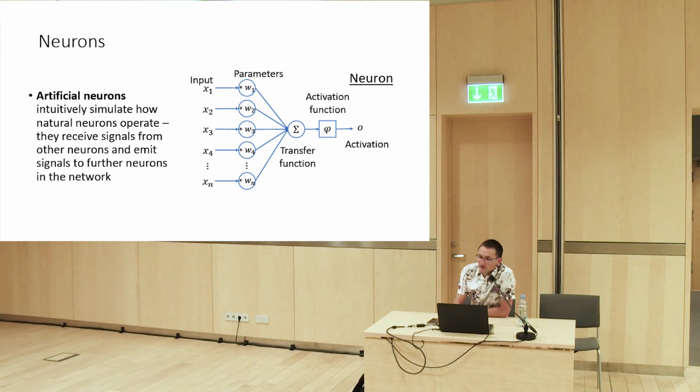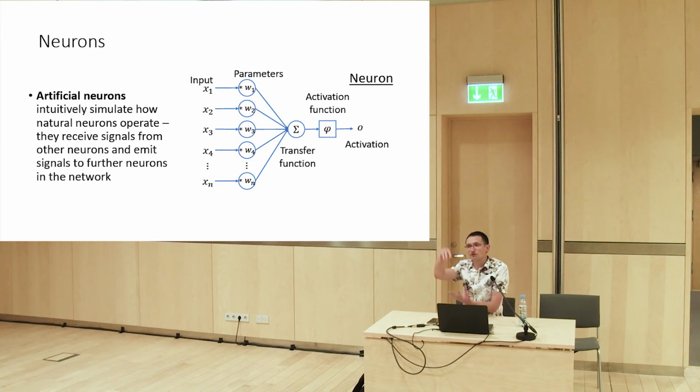The input signals can come from one or many different sources. Each of those signals is analyzed by the neuron, so it is multiplied by a parameter, so it can be downgraded or upgraded based on what the parameters are.